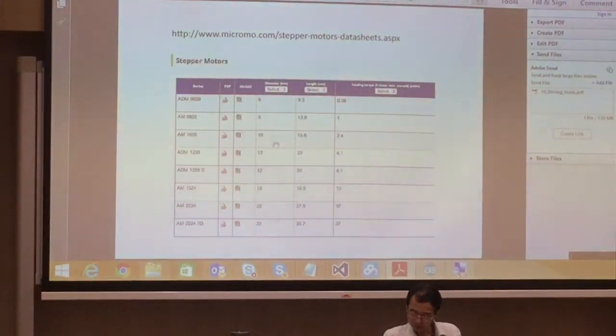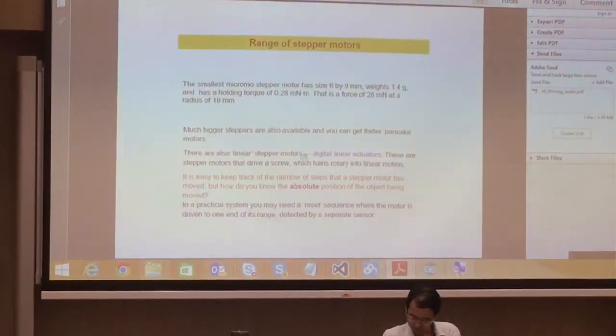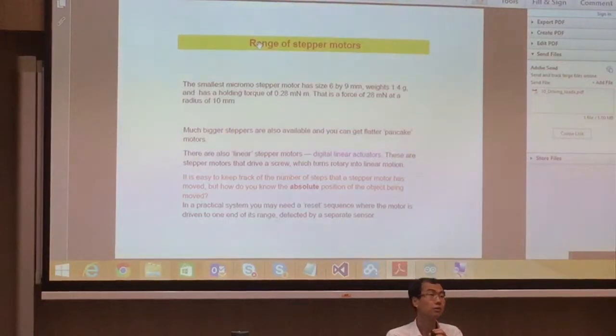And these are some information you can find. And again, for the stepper motors, you have a wide range of choices, and it really depends on your applications.